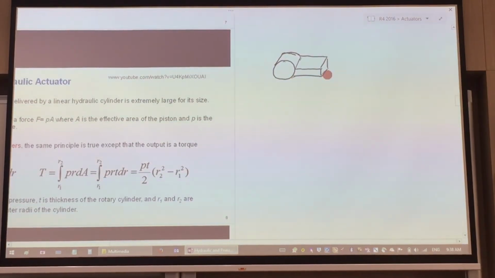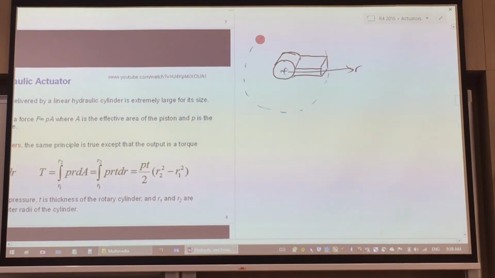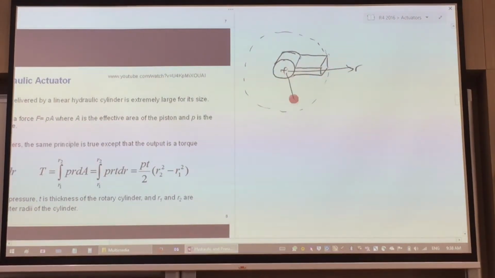I'm going to take this direction as R, and this beam is going to rotate within that cylinder. So we call this R2, this one over here is R1. This inner shaft radius is R1. And it's going to rotate with a certain amount of torque.